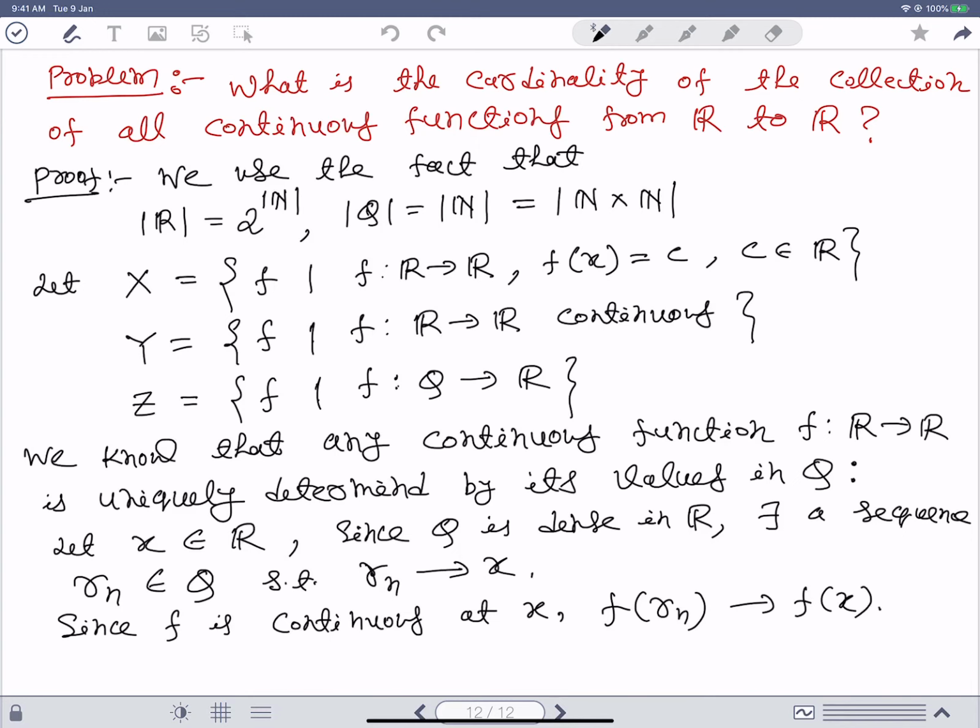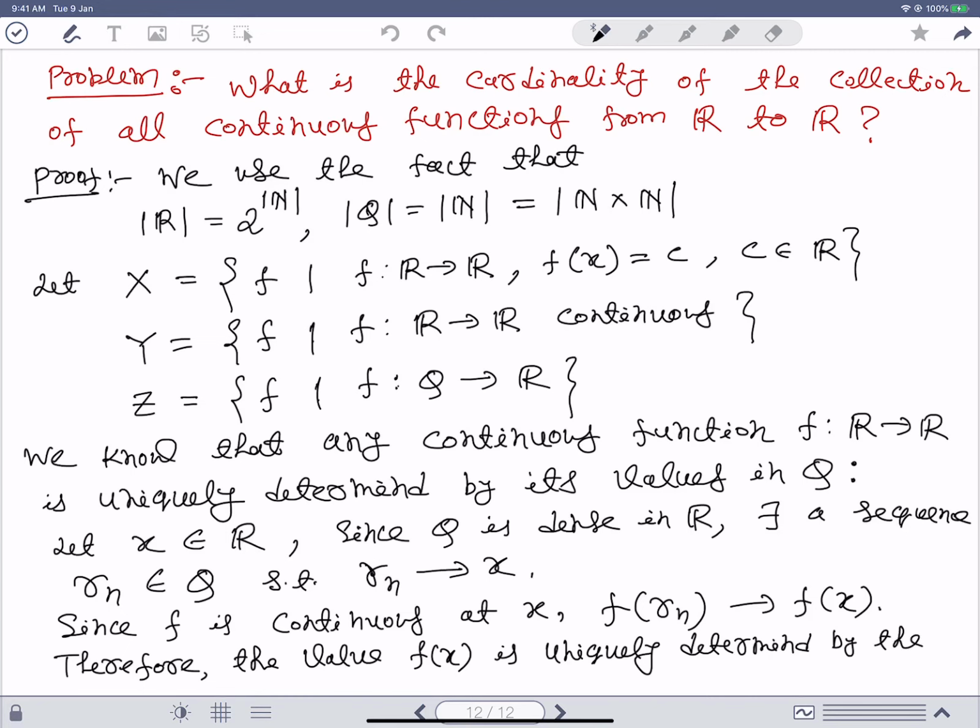Therefore, if you know the values of f of r_n, then you will know the value of f of x. Therefore, the value f of x is uniquely determined by the values of f of r_n.